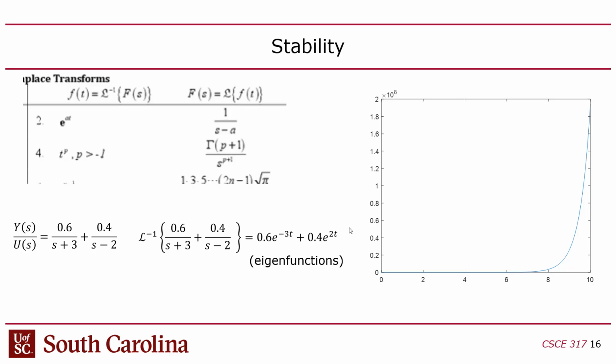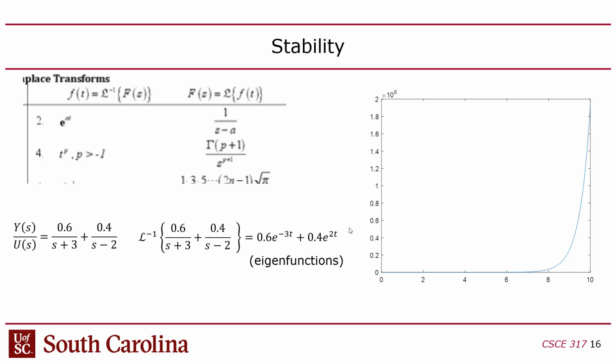I have no idea how this really works. But if you do the Laplace table, you get 0.6 times e to the -3t, and 0.4 times e to the 2t. Then all you have to do at this point is just plot that with respect to t. Now you might say, wait, what happened to the input?